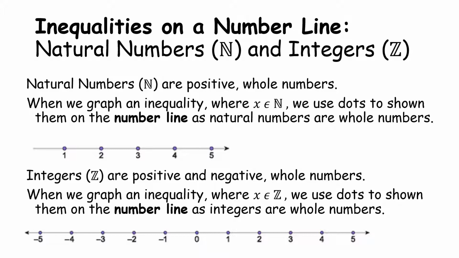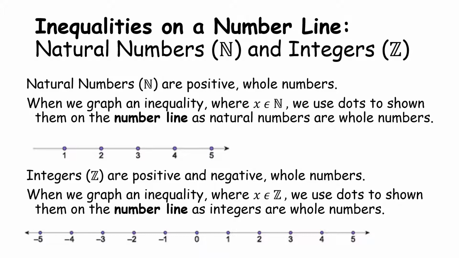If we want to do an inequality question, the three types of numbers that we see are natural numbers, which are denoted by an N, integers, which are denoted by a Z, and the real numbers, which are denoted by an R. Just to remind you, natural numbers are positive whole numbers.